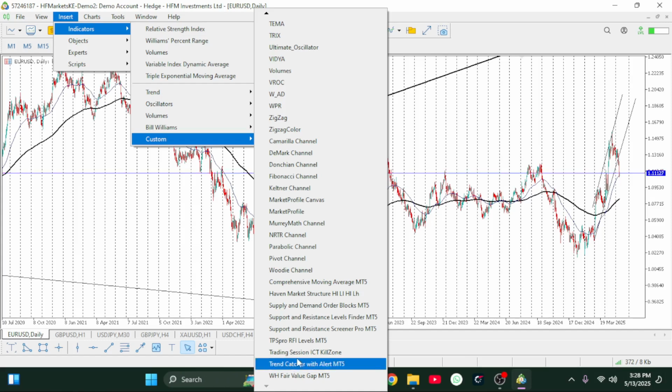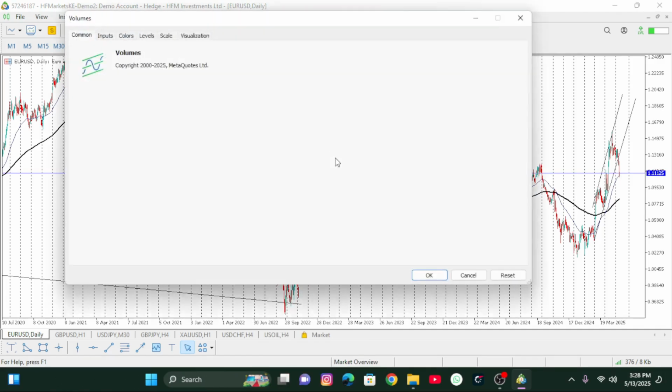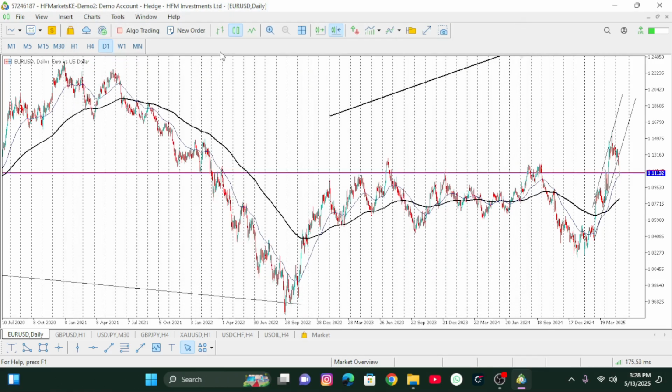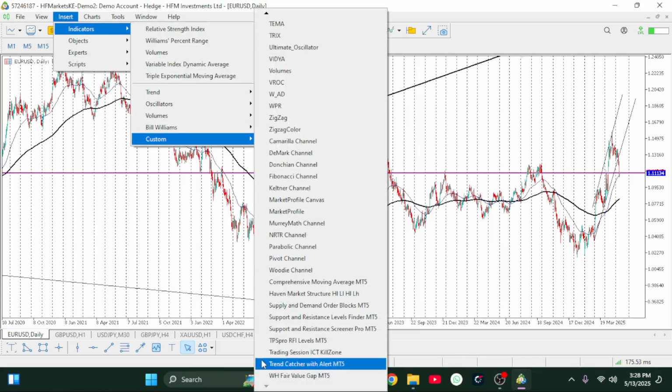Yeah, so it's here. So our indicator is this one. I hope it's visible on your part. So here is our indicator at the bottom. I'll double click on it.